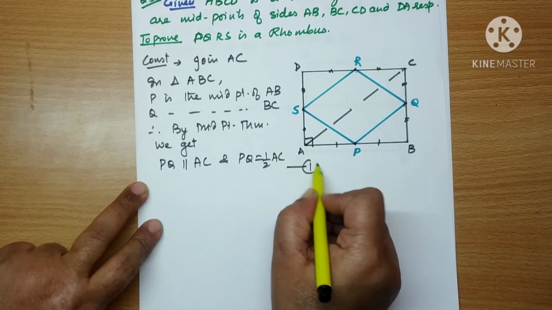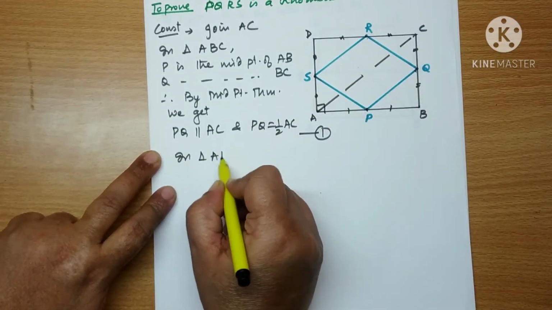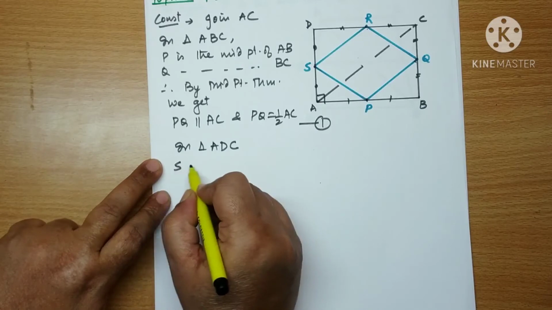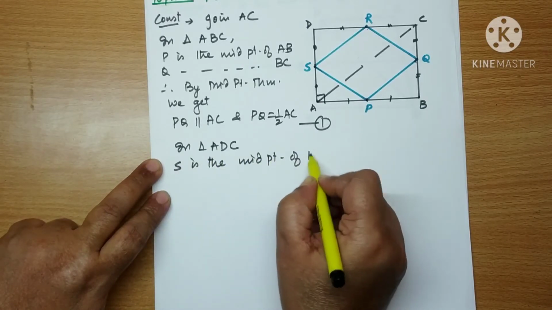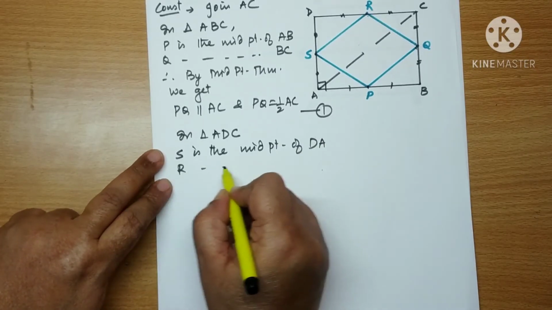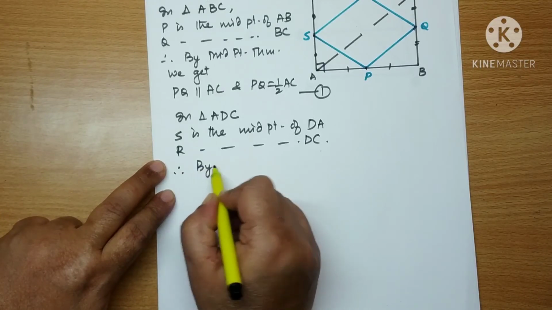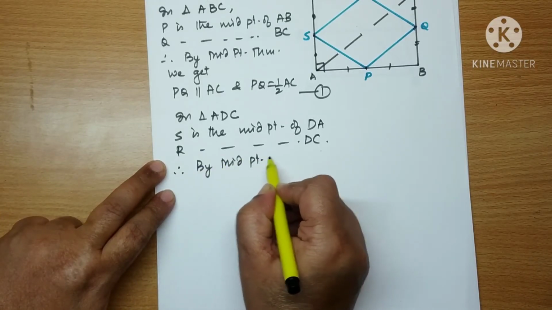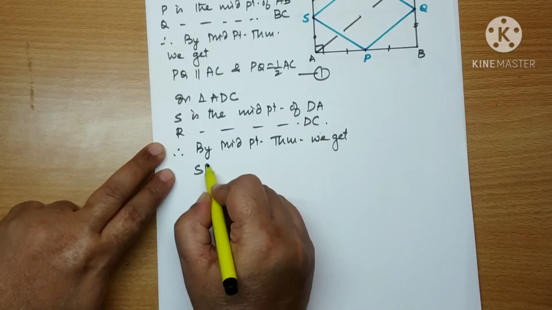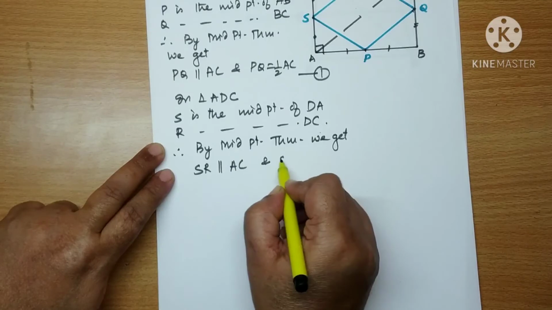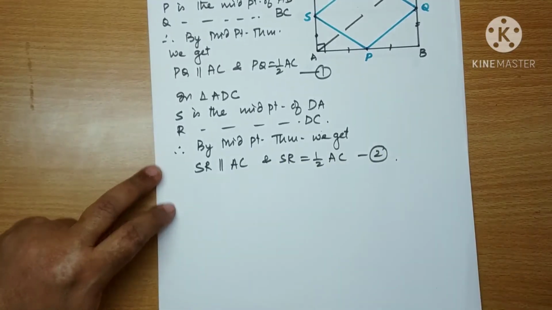Good enough. First part. Now in triangle ADC, S is the midpoint of DA and R is the midpoint of DC. Therefore, by the midpoint theorem again, SR is parallel to AC and SR is half of AC. Let us call this 2.